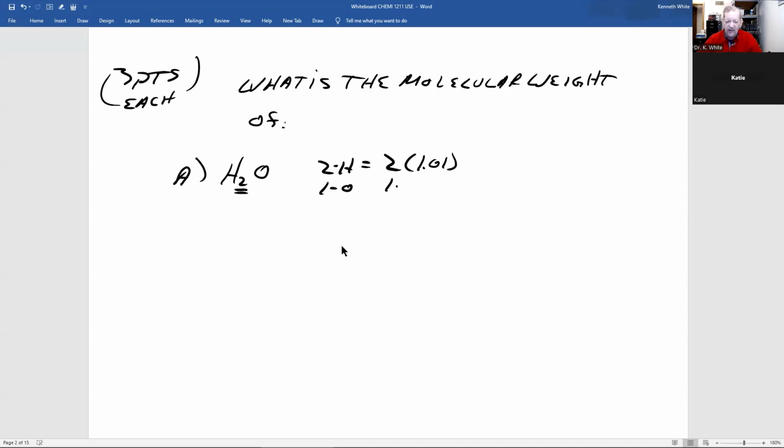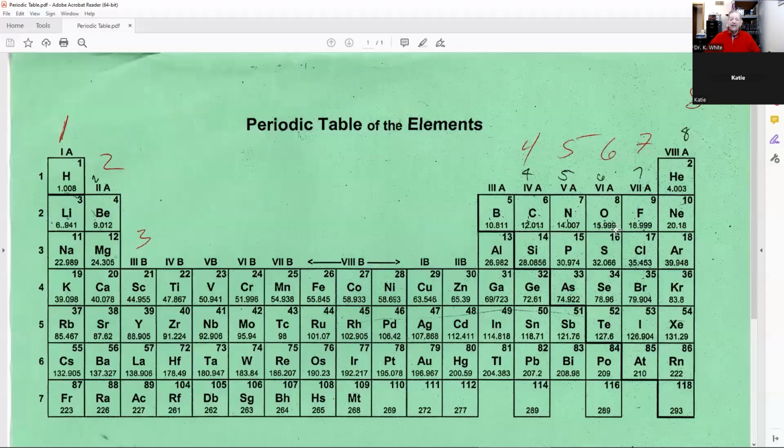Now for oxygen, there's only 1. And the question is, what's the atomic weight of oxygen? If we look here, it's 15.999. Remember, the number underneath the chemical symbol is the atomic weight. So how do we round 15.999 to 3 significant figures?